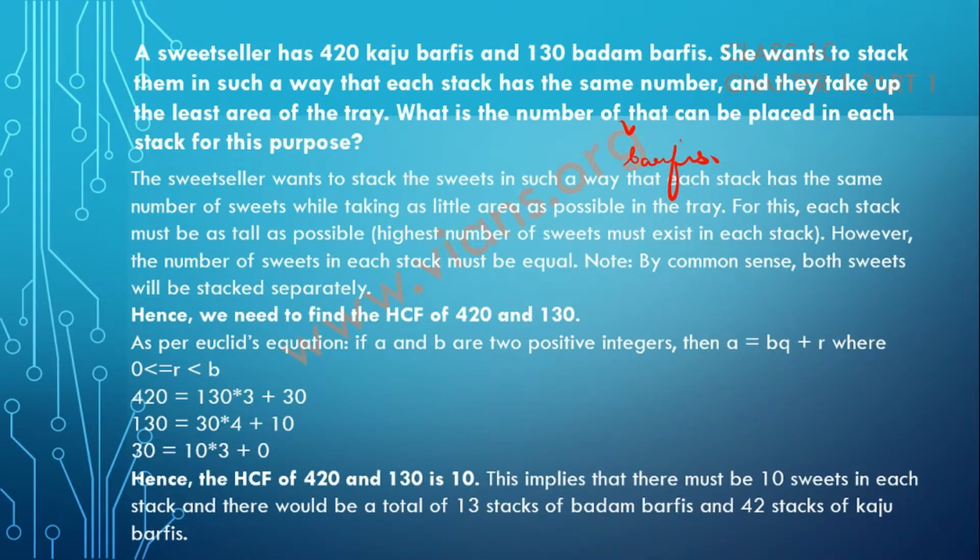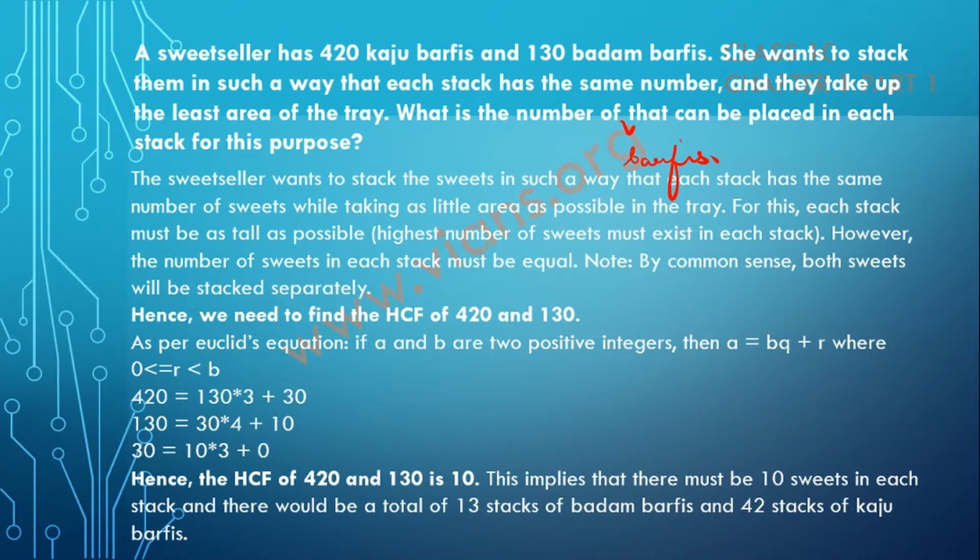Now, how would we go around doing this? We know that the sweet seller has 420 kaju barfis and 130 badam barfis, and she wants to stack them in such a way that each stack has the same number of barfis, and they take up the least area of the tray. In which case, the height of each stack should be as high as possible. So what you want to actually find is the highest common factor.